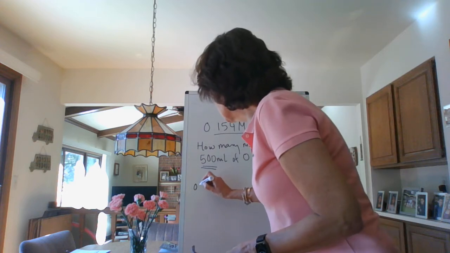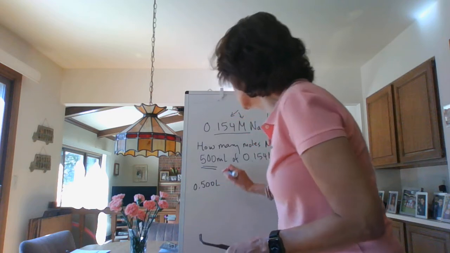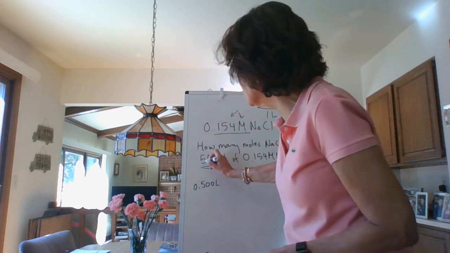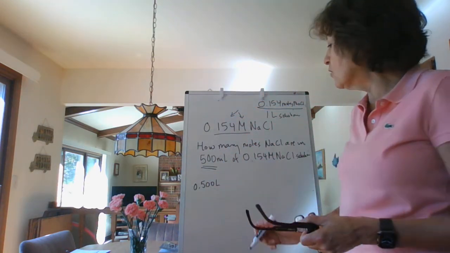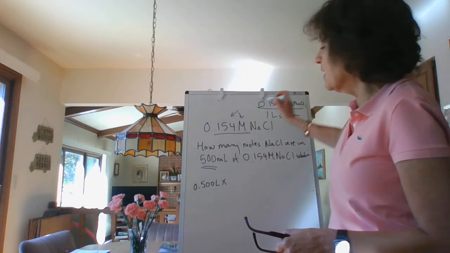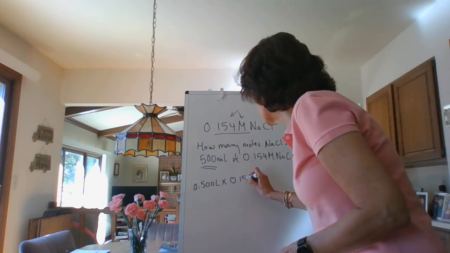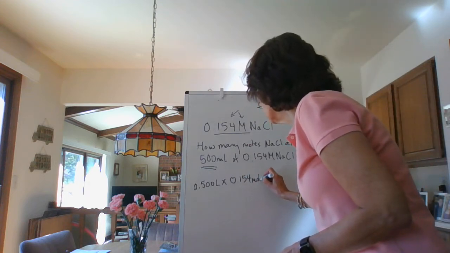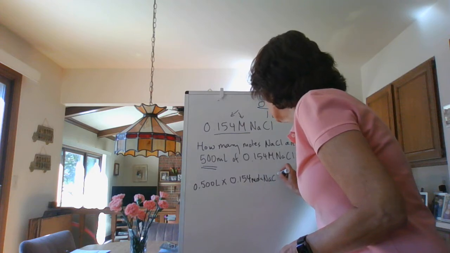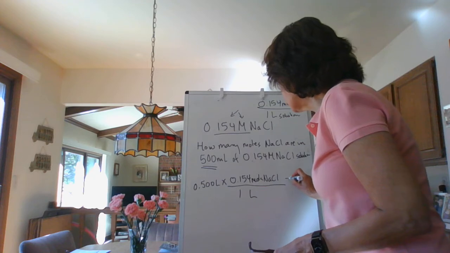So I'm going to say 0.500 liters of solution. Moving the decimal 3 places, 1, 2, 3. 0.500 liters of solution. I'm going to take my molarity as a conversion factor. 0.154 moles of sodium chloride per 1 liter of solution.